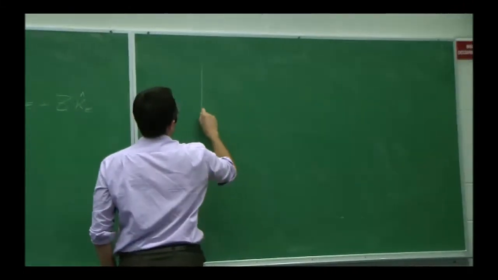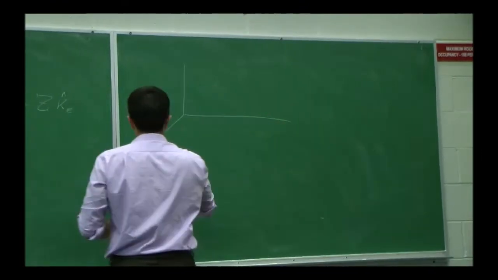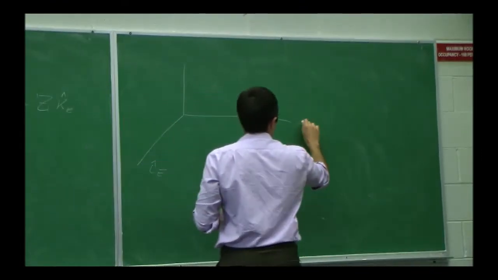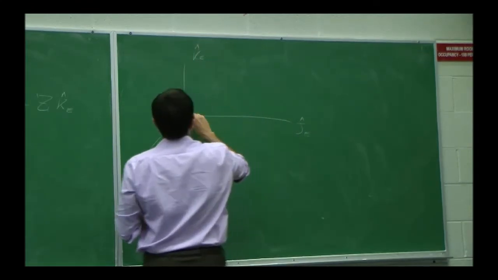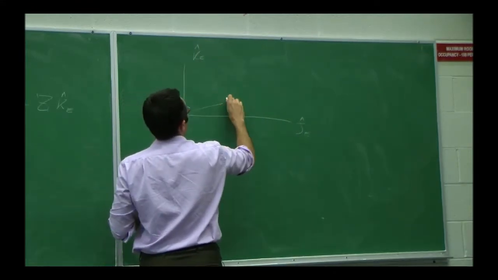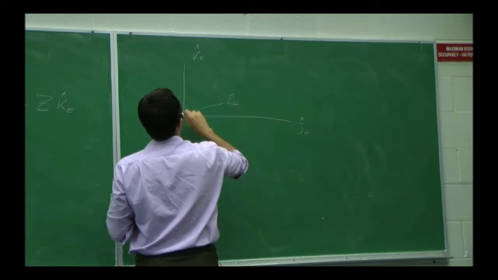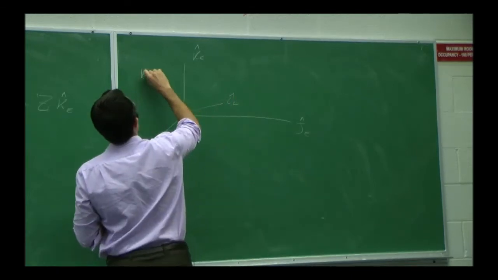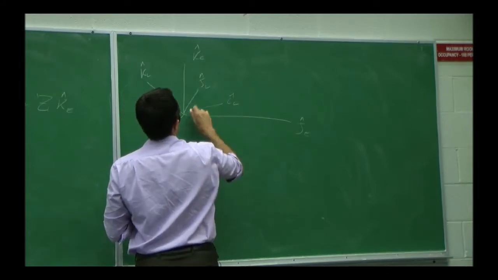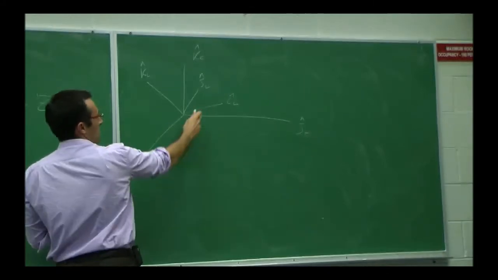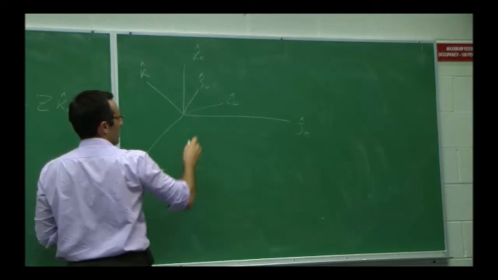If I sketch here the basis for ECI, this is IE, JE, KE. And then I have some weird orientation, LVLH, IL, KL, and JL, right? So let's focus on what happens between the two I vectors.